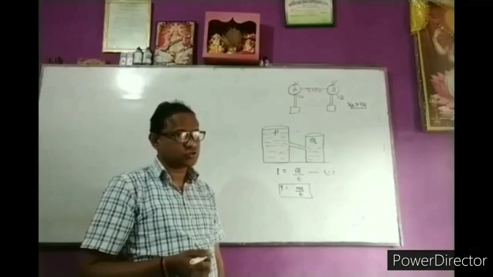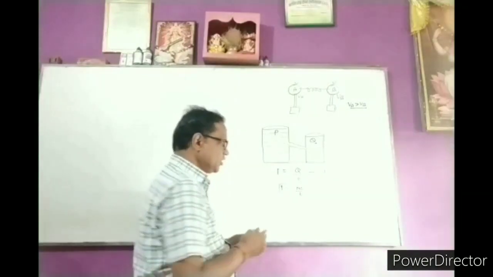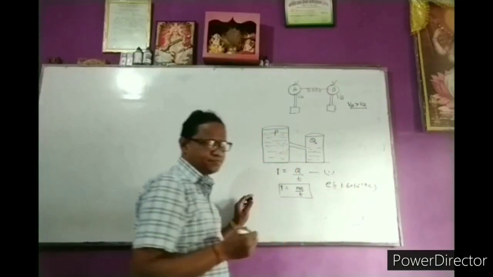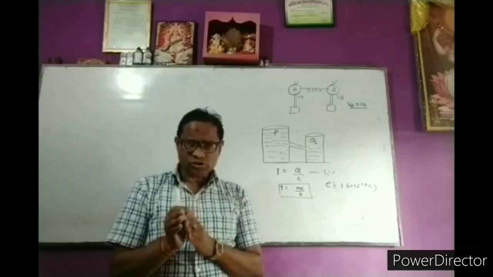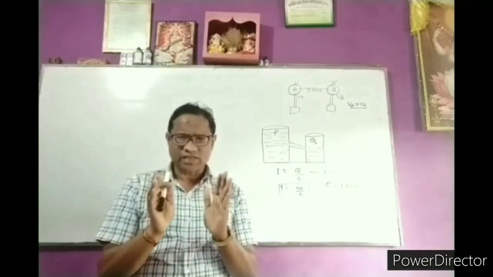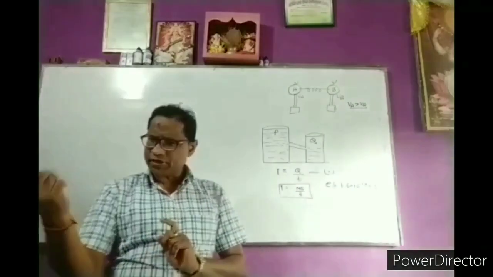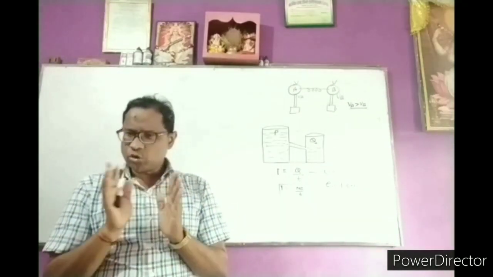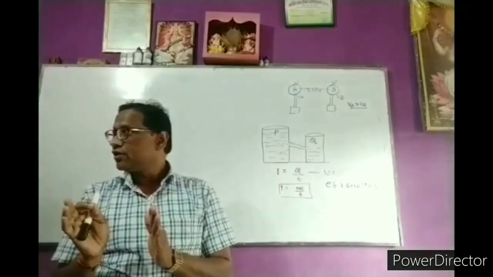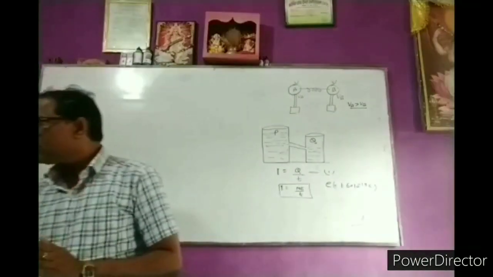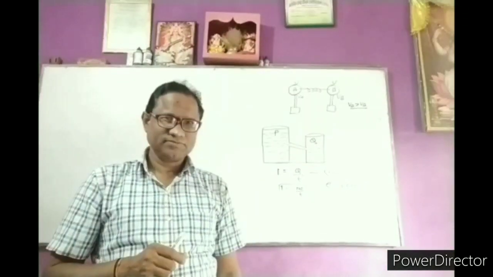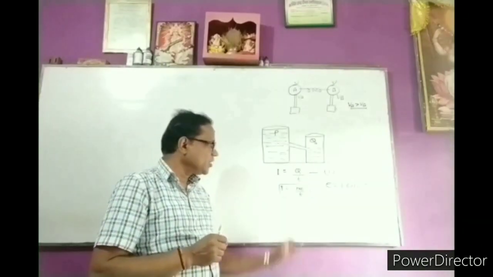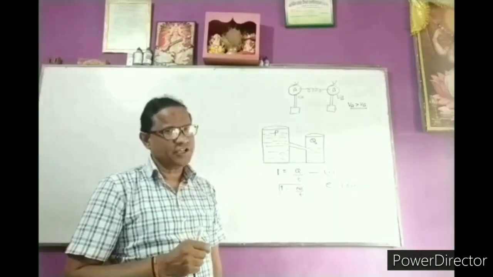If n electrons, each of charge e, 1.6 10 power minus 19 coulomb, cross through a cross section of a conductor in time t, then total charge flowing through a conductor is Ne, so I is equal to Ne upon T.